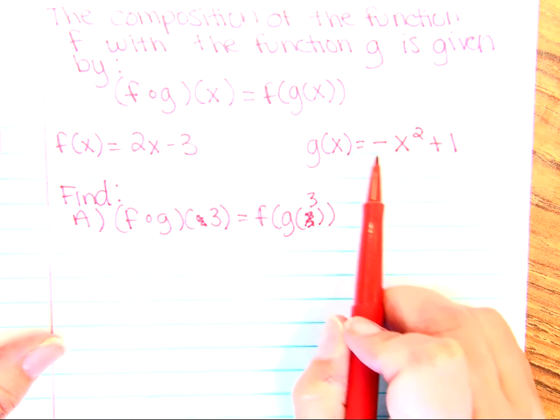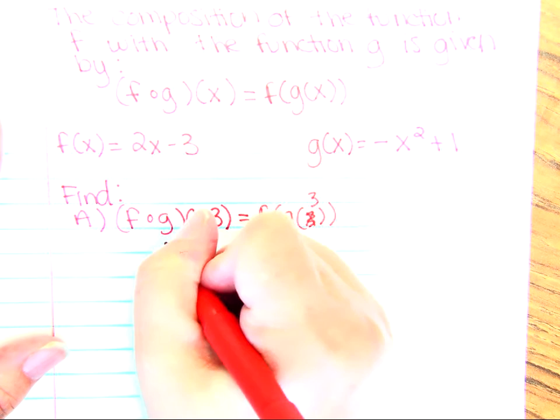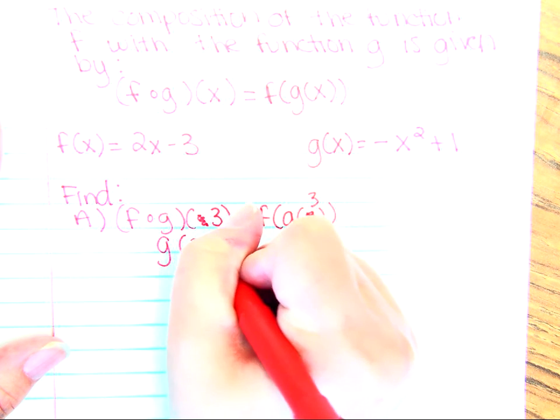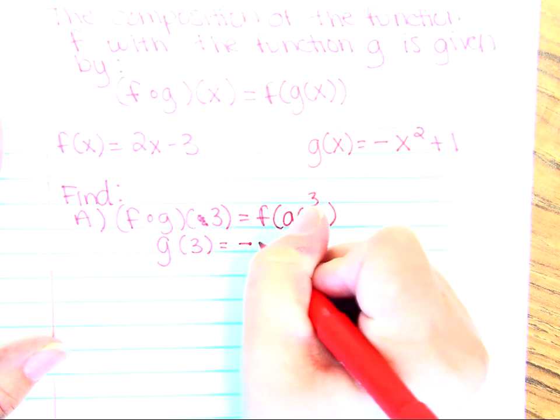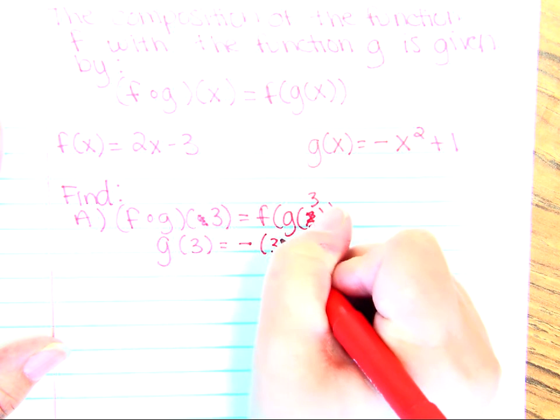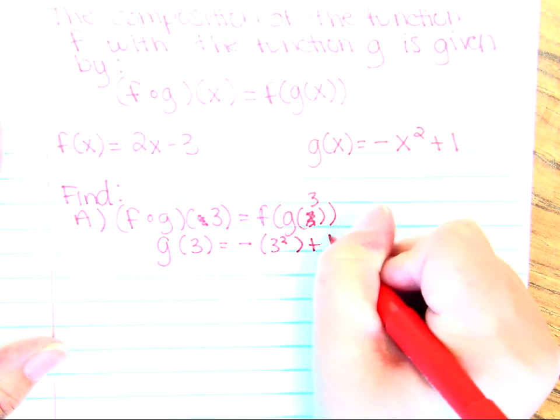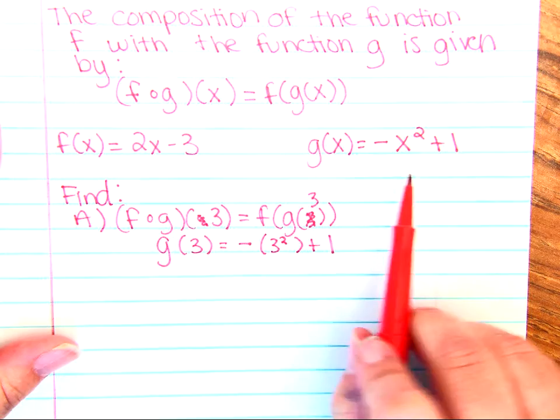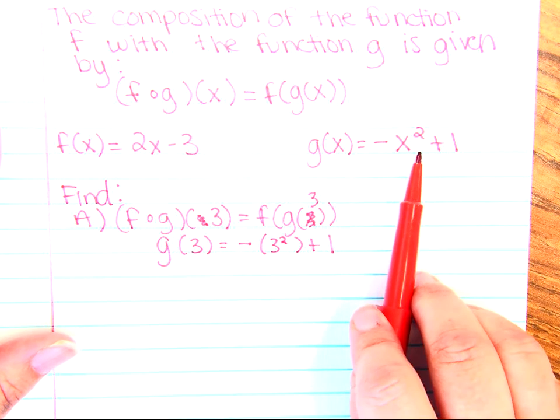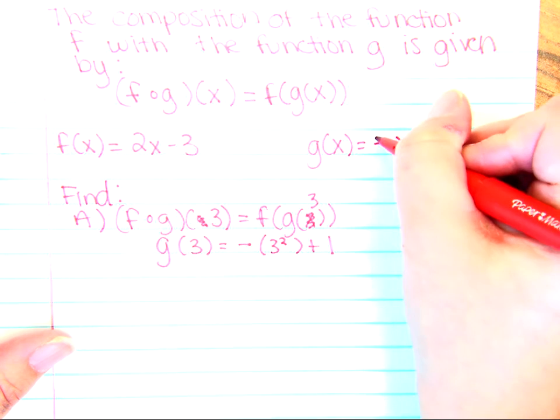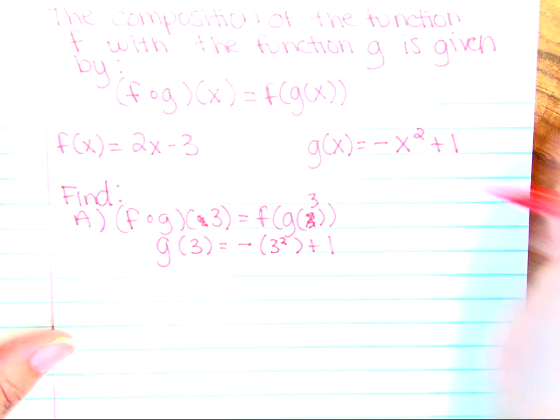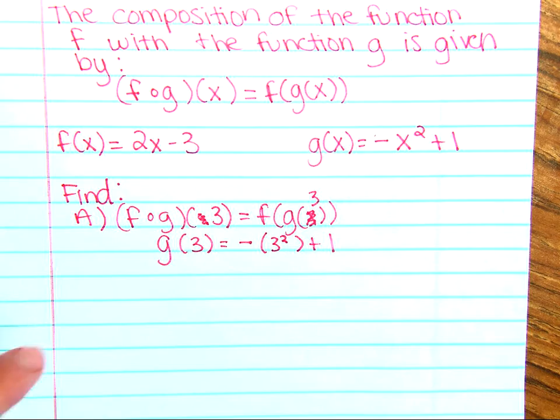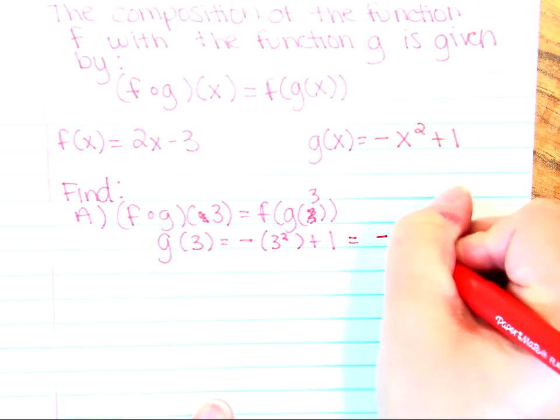So I'm going to plug 3 into this. g of 3 equals negative 3 squared plus 1. Notice the negative is on the outside because that's the opposite of x squared. If you wanted 3 squared, you'd have parentheses around that. So that should be negative 8.